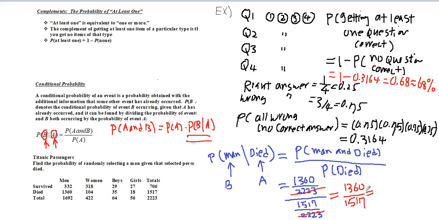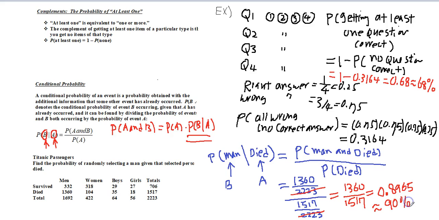Let's find the probability here. 1360 divided by 1517, I have about 0.8965.